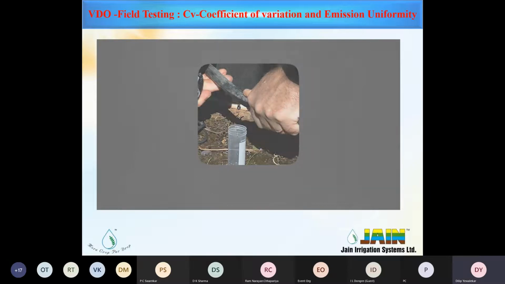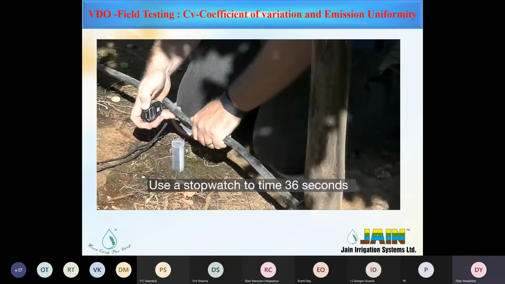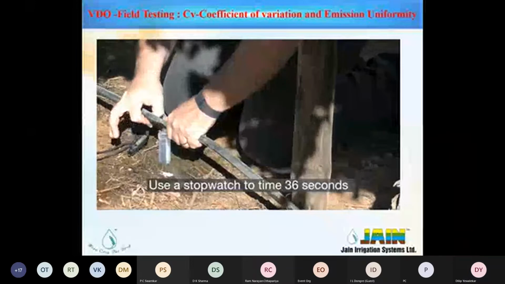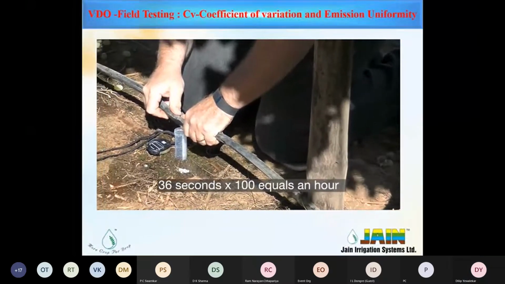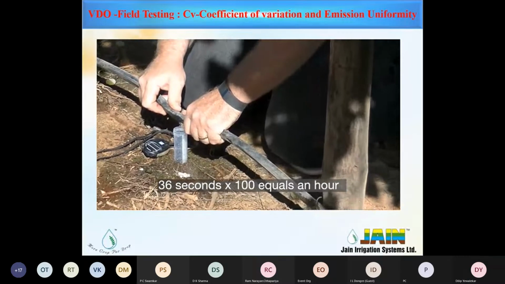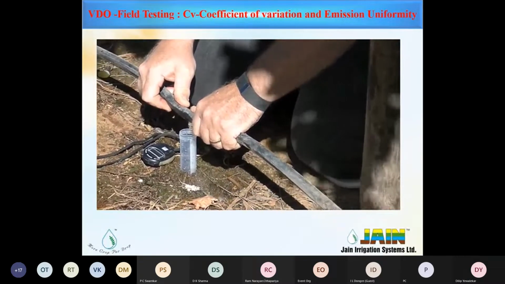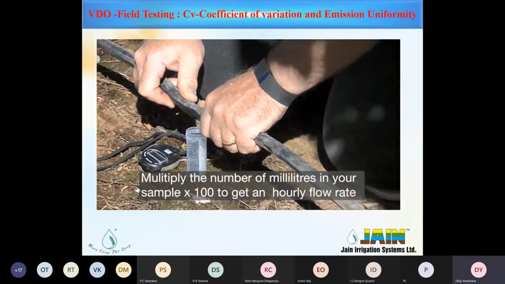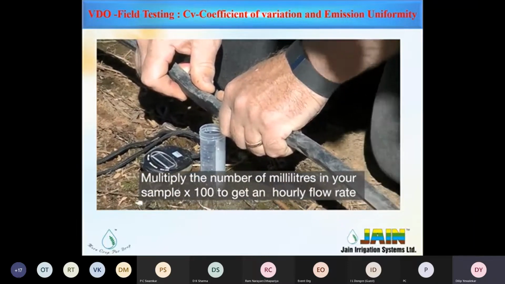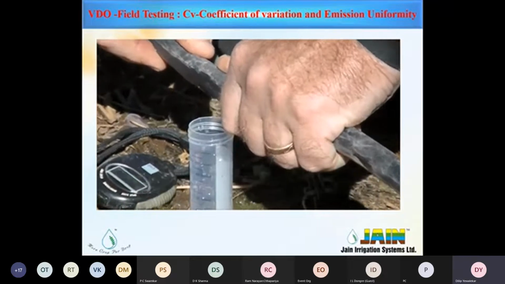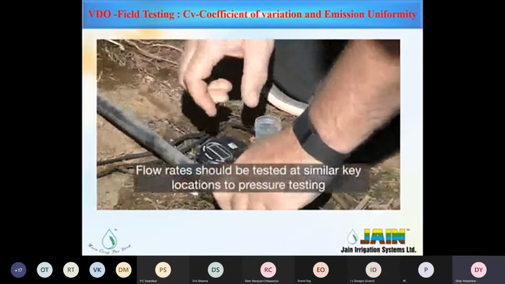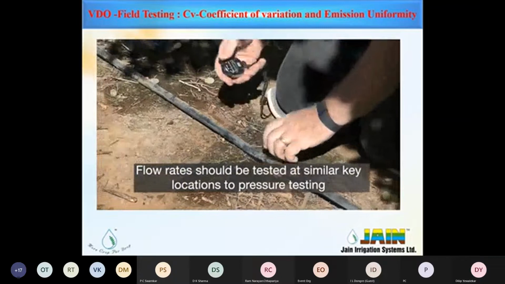Now the flow rate test. He's checking how much flow there is. He's measuring the discharge for 36 seconds, and after that, if you multiply by 100, it comes to 1 liter per hour.